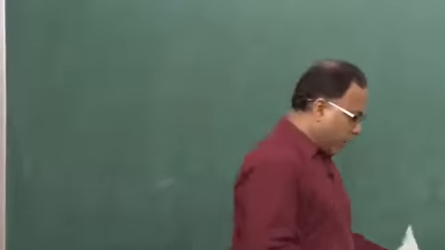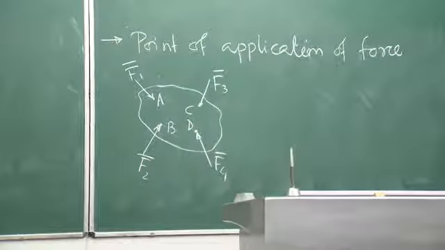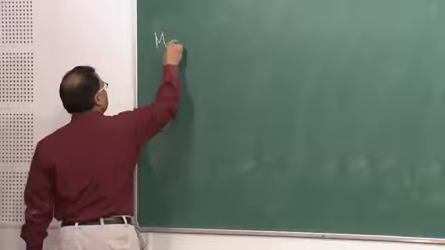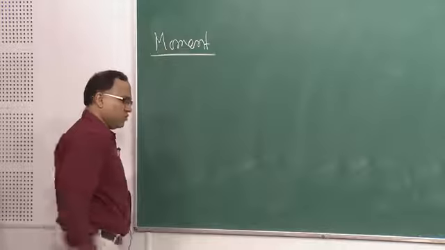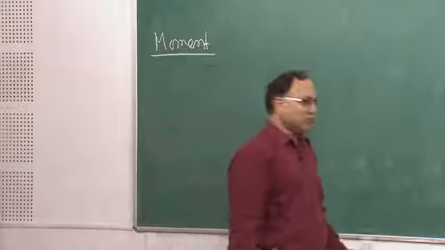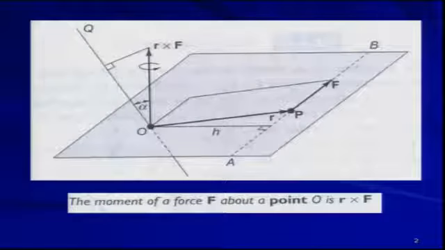Okay. Now we will talk about the next thing, that is moment, which is another effect due to the application of force. If you look at this figure, this force F is acting along the line of action AB.